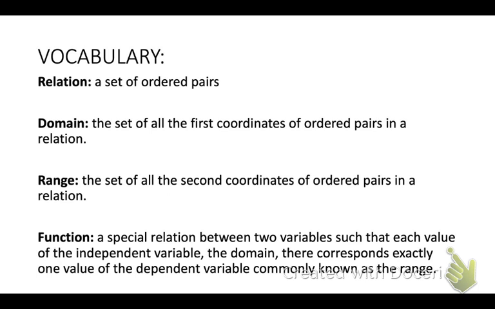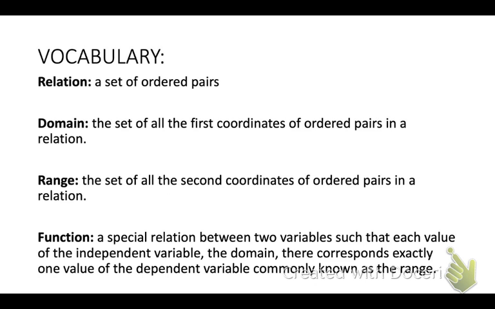So given a set of values, if I had something like this, a set of ordered pairs, (1, 2), (3, 4), would this be a function? No, because I have one duplicated, right?